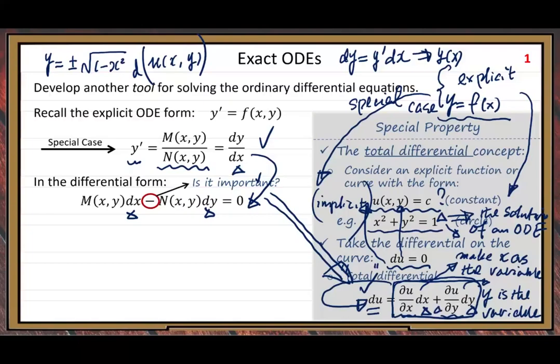If we want to move our current form to the total differential form, we need to change this minus sign to plus sign. That's very easy. We can just use minus N function. How about we make that N function negative? Then we get a plus sign. So we can change that easily.